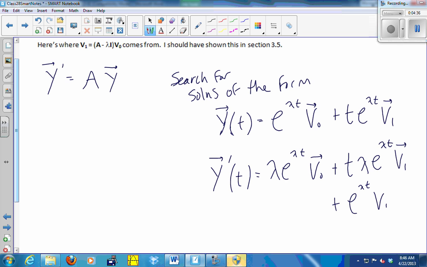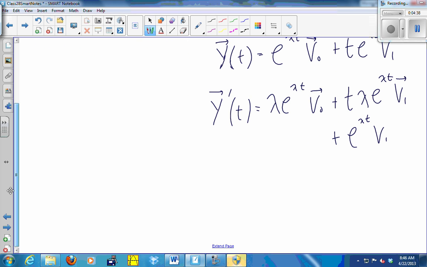So I can do a little bit of combining like terms here, and I've got y prime equals lambda e to the lambda t v naught plus e to the lambda t v1. Oh yes, thank you, that's v naught. So my terms that have e to the lambda t in them are this term and this term.